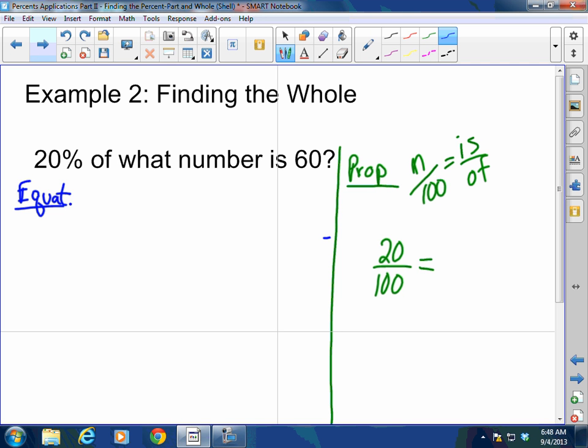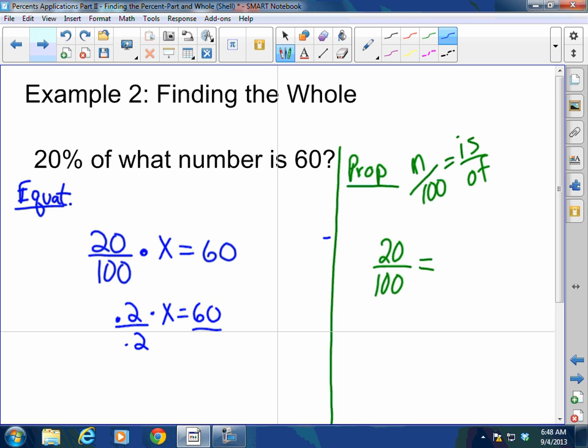When we're dealing with percents, so that way we don't have to do too many conversions, just go ahead and represent 20% as 20 over 100 of what number is 60. Okay, you could do that. And then 20 divided by 100, that's 0.2 times x equals 60. I just skipped a step, and I do apologize for that.